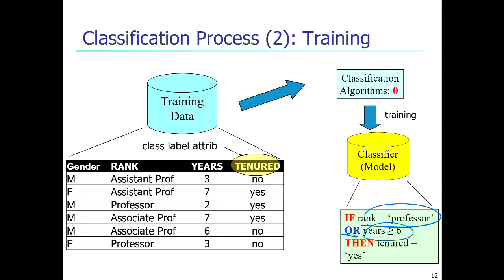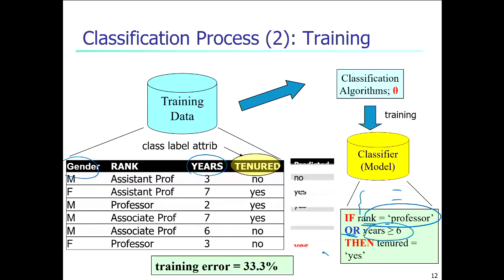In this case, there are 3 predicates on rank, several predicates on year, and 2 predicates on gender. Each of them can be plugged in here to become a model, but they will have different performances. So it's our job to select a good model to use.